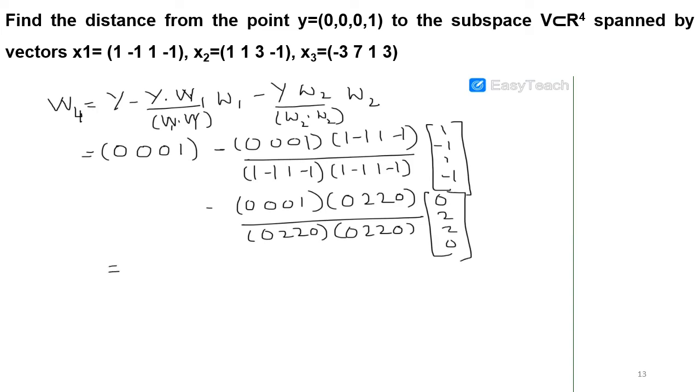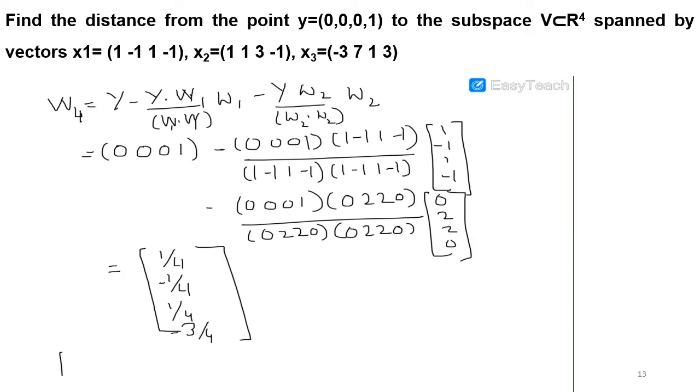So this is equal to 1 by 4, minus 1 by 4, 1 by 4, minus 3 by 4.